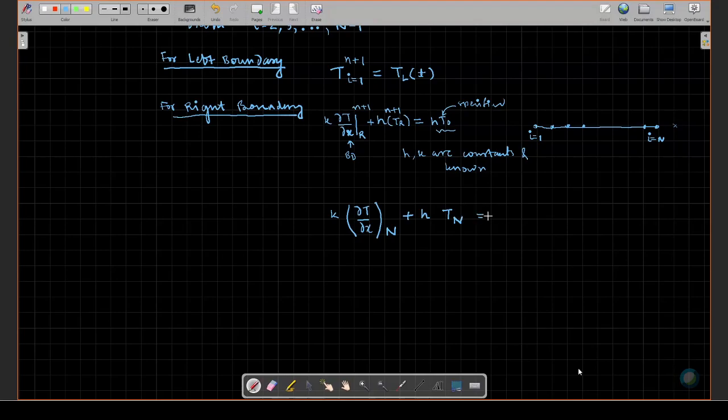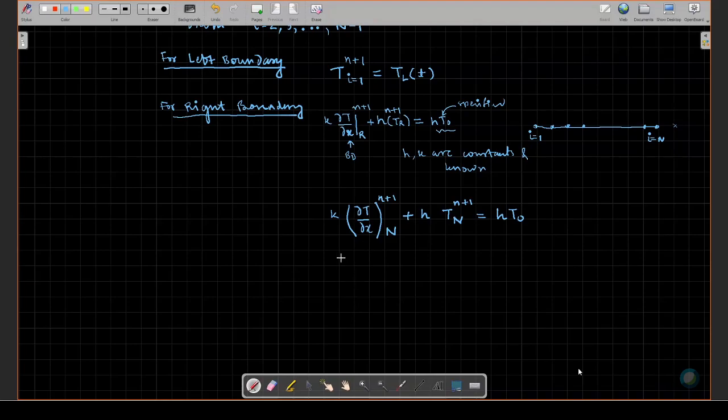And we have the known value h t naught, and this has to be discretized at the n plus 1th value. Now T n is already some boundary value, so you don't have to do any finite difference, but here is a del t by del x term which needs a backward difference.